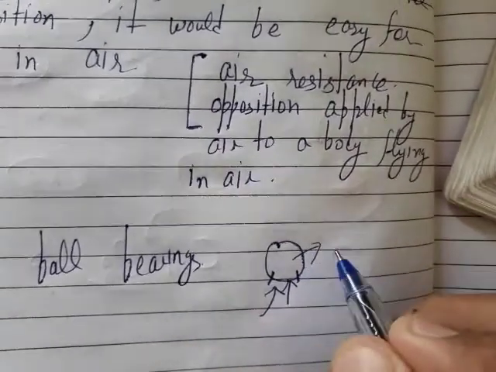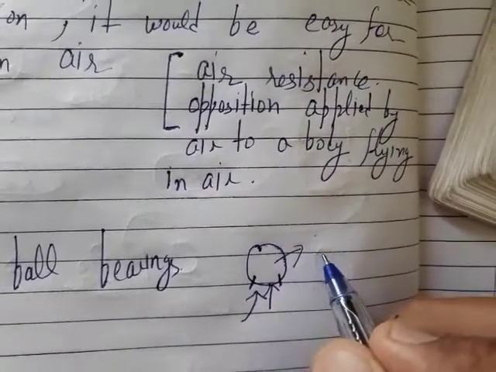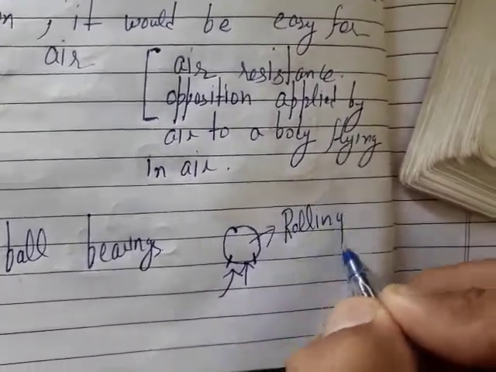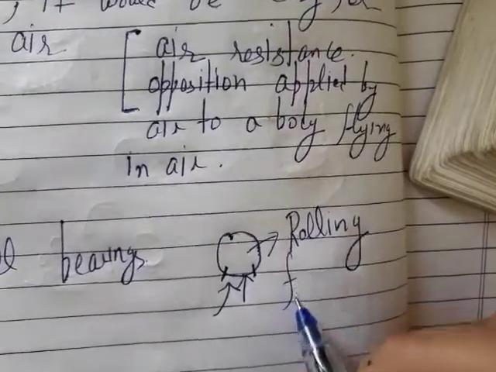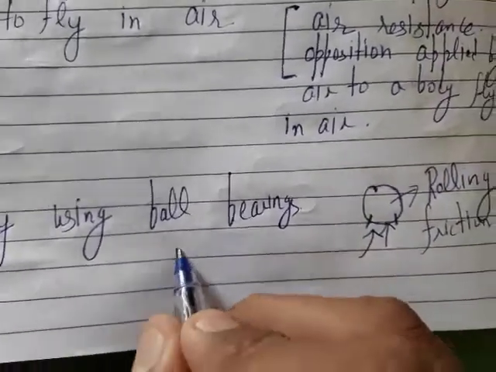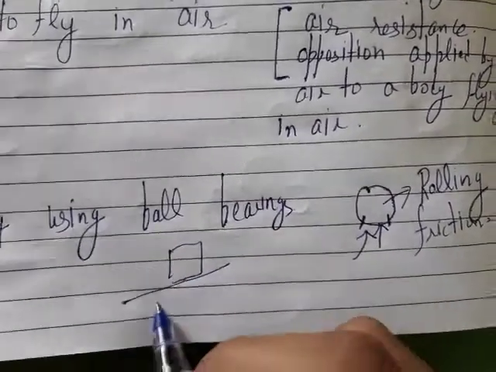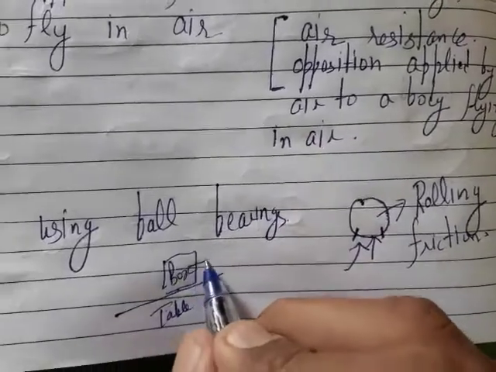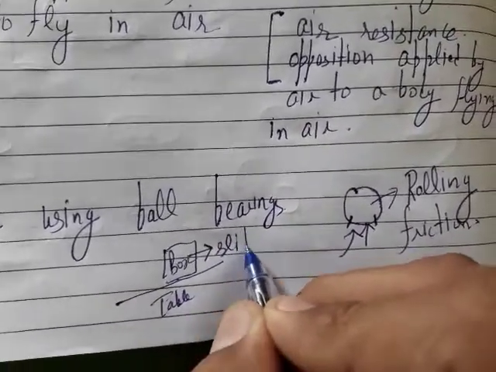So we can say that if the wheel is spherical, we will have rolling friction. That means the surface will offer rolling friction. There are two types of friction. Suppose a box is sliding over this table, then it is the concept of sliding friction.